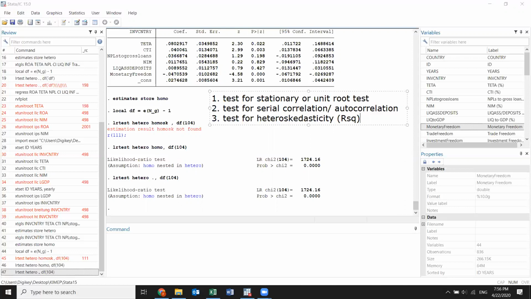Let's say you found 50%. 50% of changes in your GDP or 50% of changes in your profitability can be explained by changes in the independent variables. But the rest, the other half, you don't know how to explain. That comes from the error term.